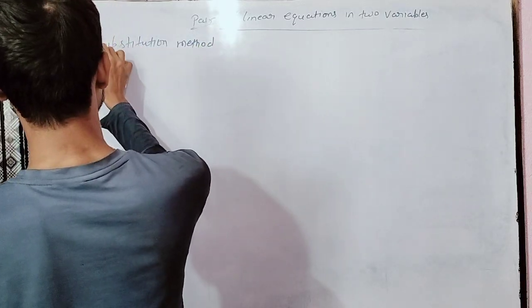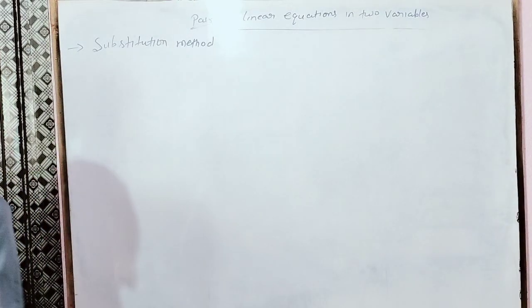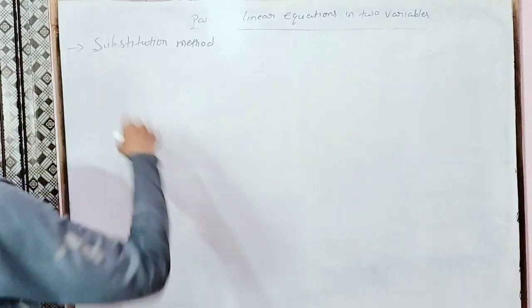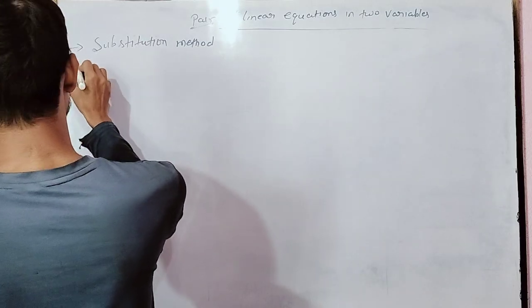First method is the substitution method. By taking an equation, we can understand the meaning of the substitution method. We will apply this method in linear equations, and write the equation.